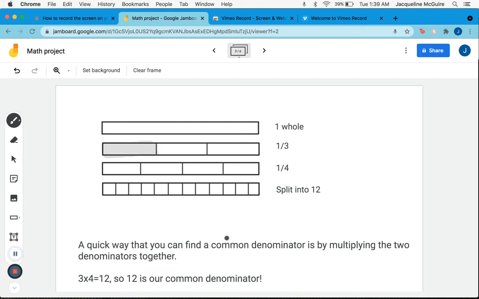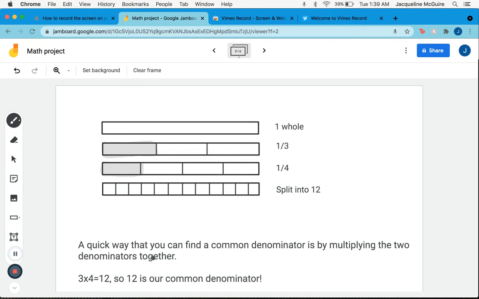I'm going to color in the 1/3, and then I'm going to color in the 1/4 on this one, which is divided into 4 equal sections. Now, as you can see, these two strip diagrams for the 1/3 and 1/4 aren't divided up in the same way, which is why, again, we need to find a common denominator.